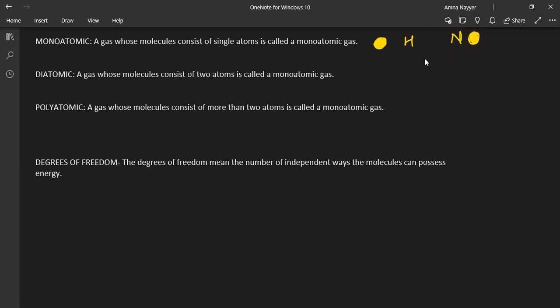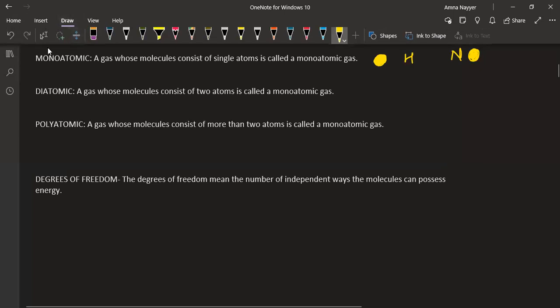But do you ever think hydrogen and nitrogen exist in such a manner? No, you never say H or N. You always say dinitrogen and dihydrogen, that is H2 and N2. Not monoatomic, this is diatomic.